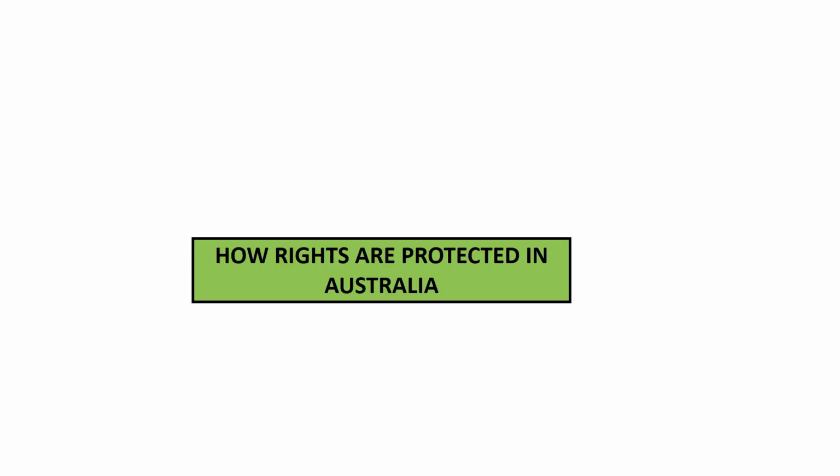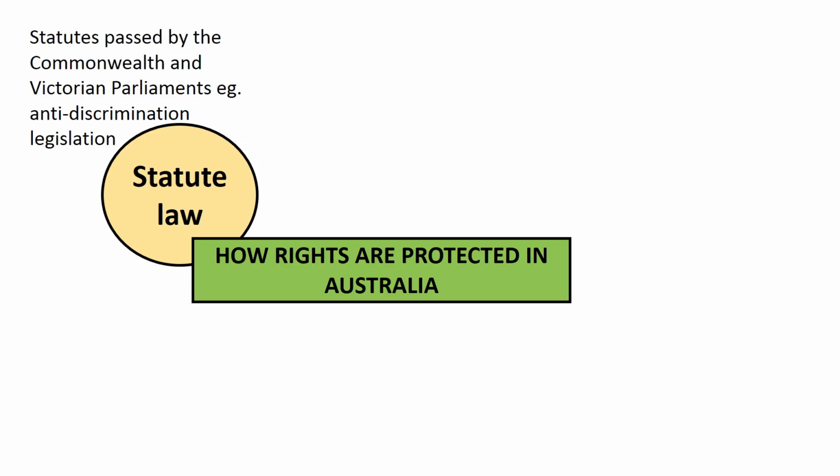As a recap, how are rights protected in Australia? Well, firstly, through statute law. There are statutes that have been passed by the Commonwealth and Victorian parliaments that protect the rights that we enjoy. For example, there is legislation that prohibits people being discriminated against on the basis, for example, of their gender, their sexual orientation, their religious beliefs, or their race.